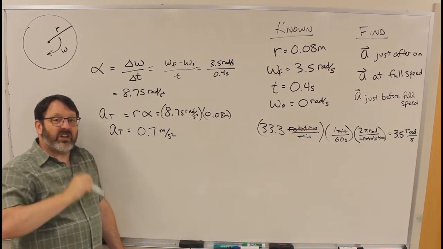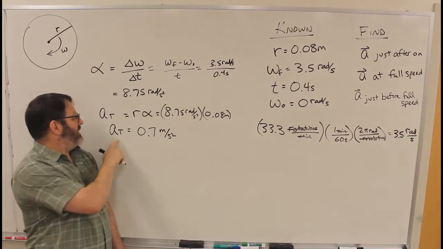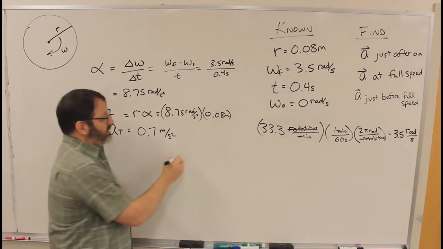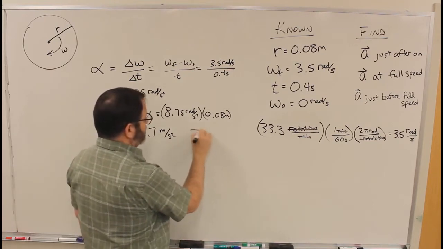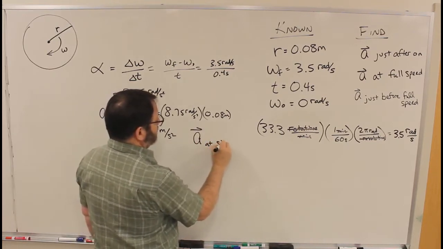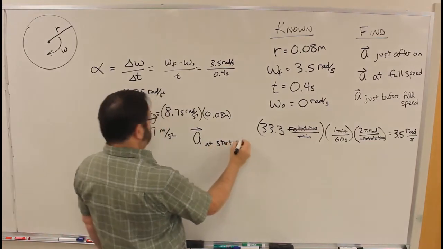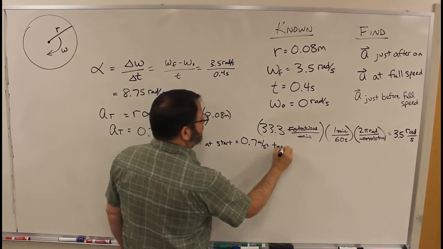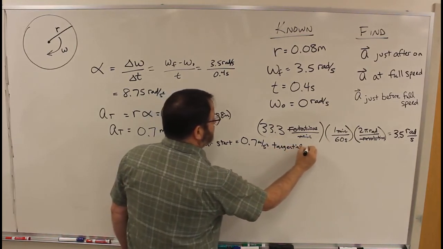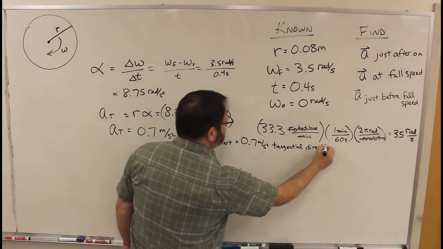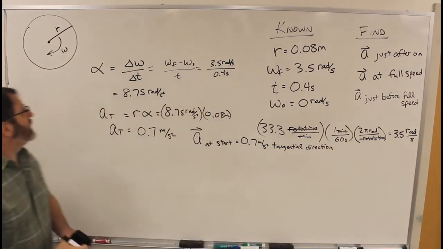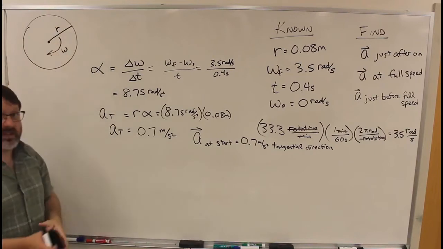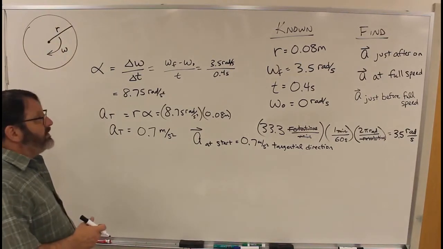That means there's actually no centripetal acceleration. So the tangential acceleration is the only acceleration it has. So A at the start is 0.7 meters per second squared in the tangential direction. So whatever point we are around here, it's in the tangential direction to that point. All right, so that's the first one.